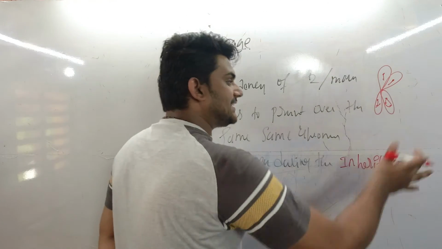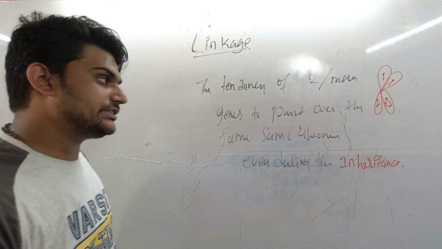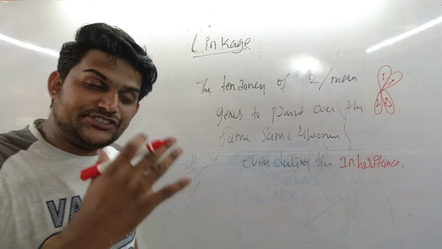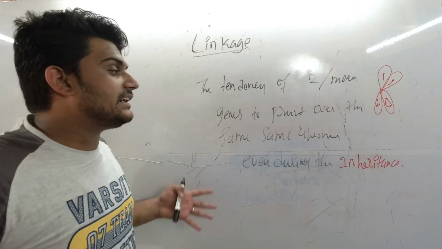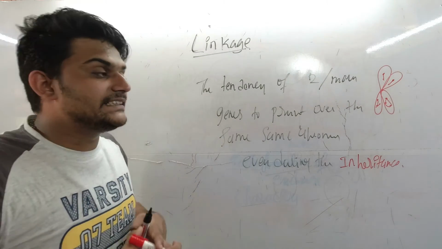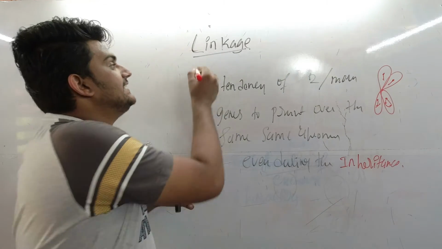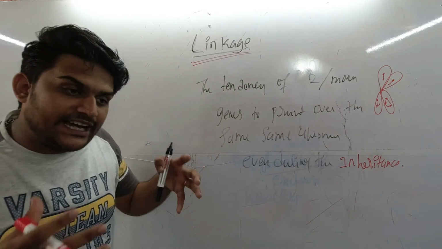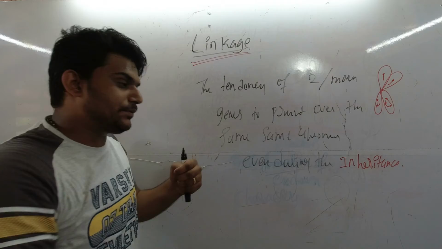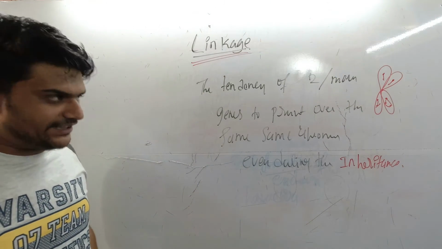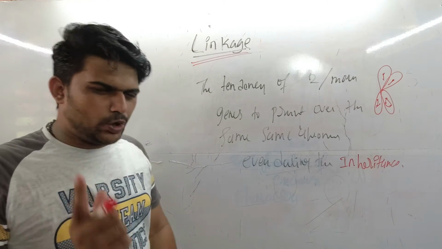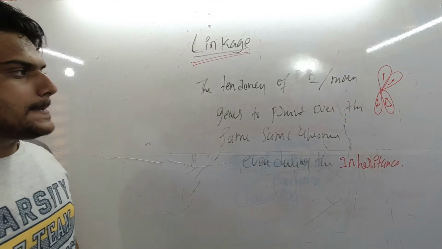When the chromosomes are going to separate, the genes are not going to get separated. They are always together. That process of keeping them together is known as linkage, or they are linked together when the process of inheritance also takes place. So this comes as a 1 mark question.